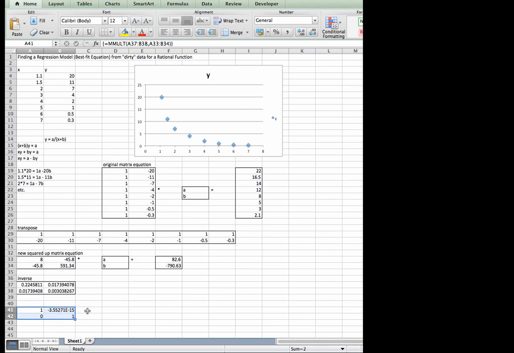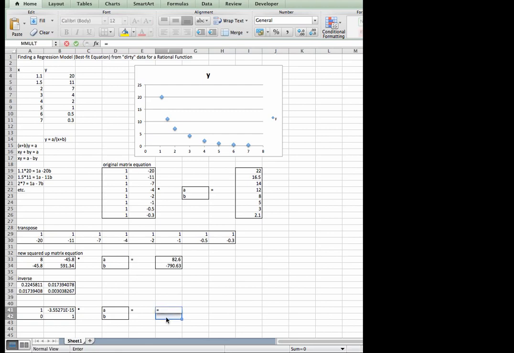And then we still have our times, we still have our A and our B here, and let's make this one look like a matrix as well. And over here on this side, we're going to take this inverse times the constant, getting us a 2 by 1.